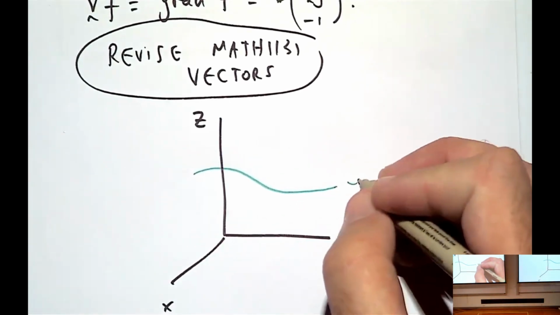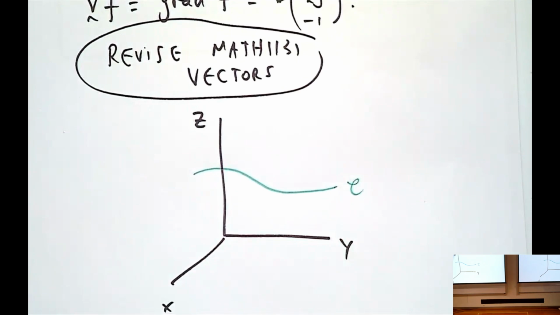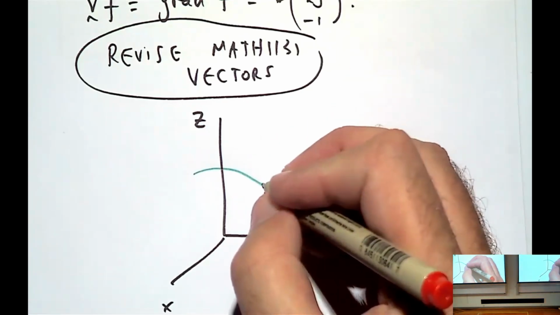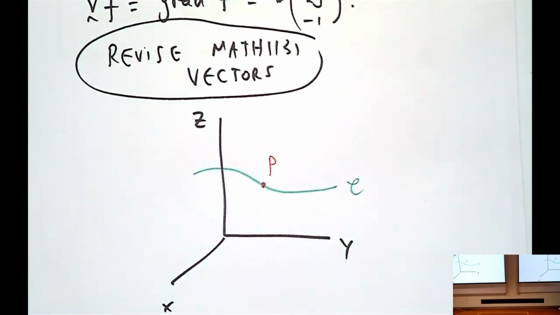So I'll call that, I don't know, the curve curly C. Now, at each point there, it will have some position, right? So there's an x-coordinate, a y-coordinate, and a z-coordinate. Okay? And what we can do, we're going to use vectors, we can form a vector from the origin to any point P on the curve.